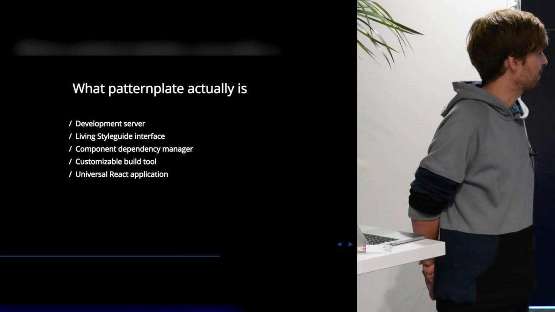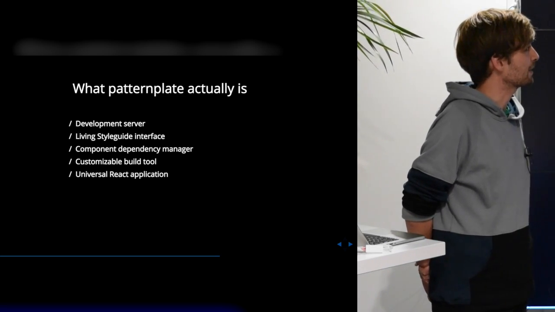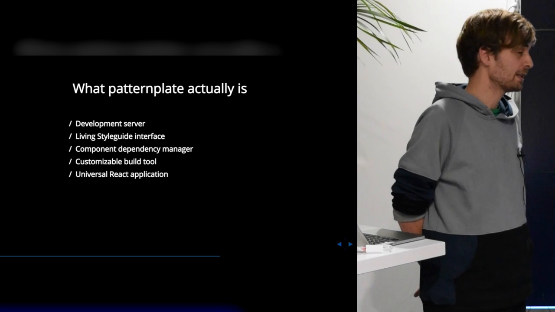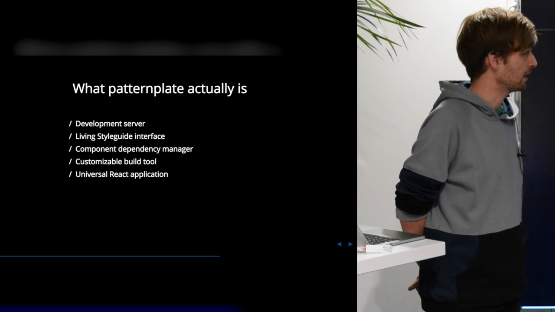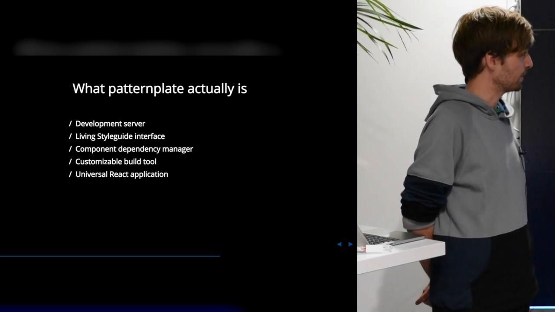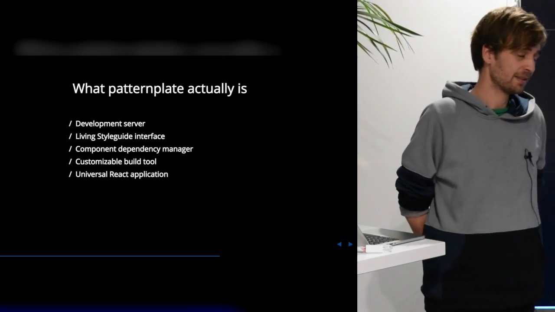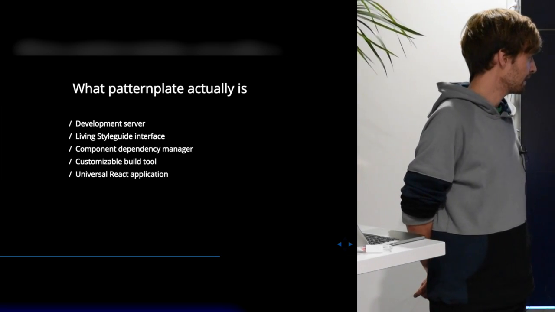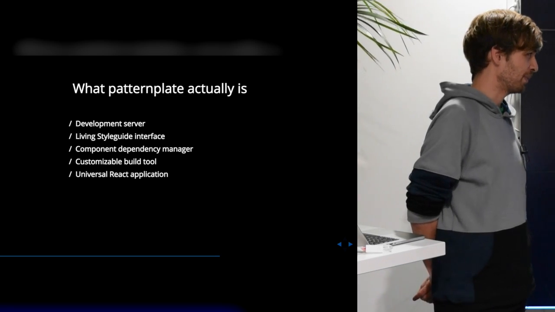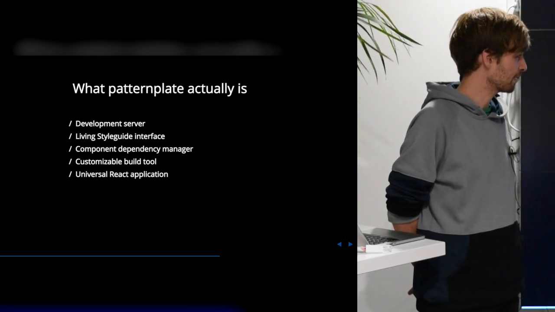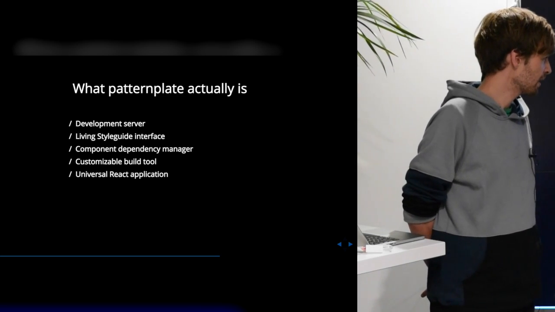Now, to patternplate. What is patternplate? If you go through this list, you can see patternplate has the problem that it has an identity issue. It's a development server. It's a living style guide interface. It's a component dependency manager. I tried to show this. It's a customizable build tool.